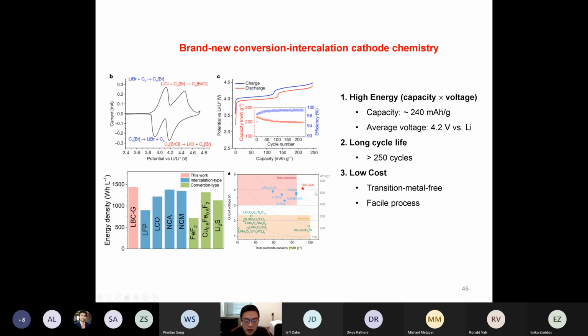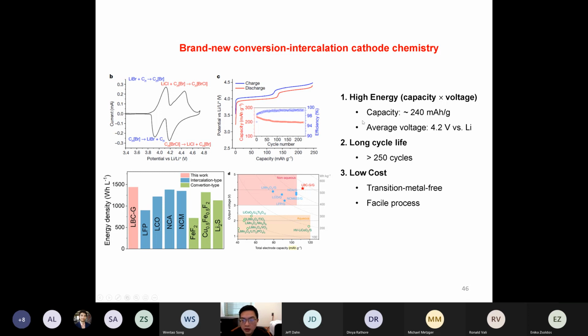We well protected this graphite anode, so we can deliver these 4-volt full cells. And on paper, it delivers much higher energy density compared to any kind of non-aqueous system at the material level. But this is only a very early prototype. It's more like a proof of concept.